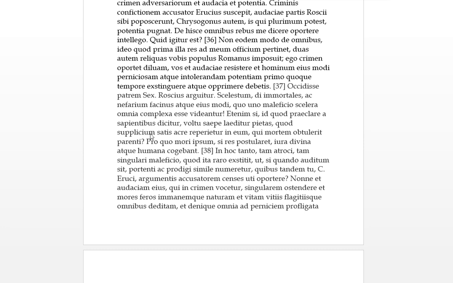Quod supplicium, which punishment, satis is enough. Acre goes with supplicium, which bitter punishment, reperietur can be found satisfactorily in him, towards him, qui, who, mortem, death, obtulit, which basically means who has offered death to a parent, dative. So when the philosophers have said, that's another interpretation of the wise people, that piety can be provoked or injured just by a look, then what is a sufficient harsh punishment to be found for him who has killed his father or parent?